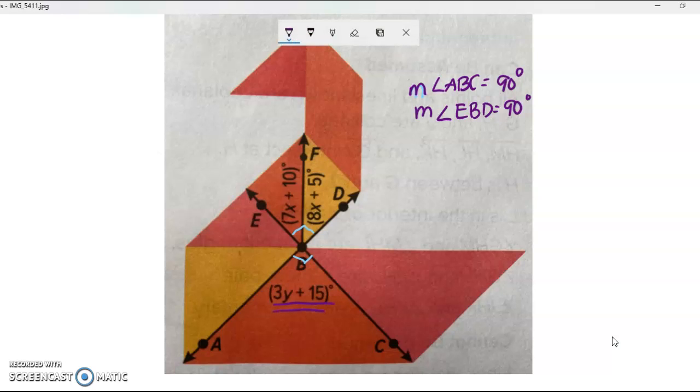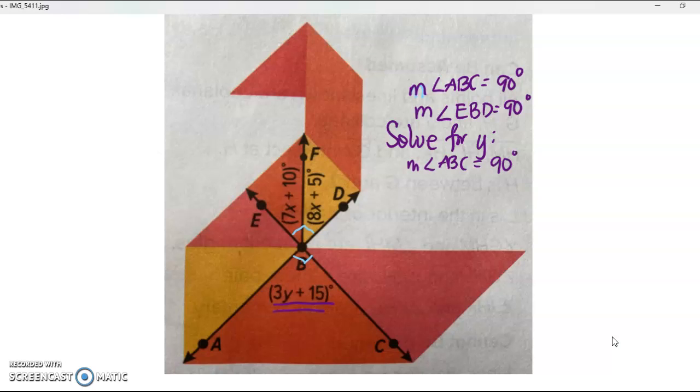Since we know, class, that angle ABC is 90 degrees, then from that detail alone, we can get the value of y. So the measurement of angle ABC is equal to 90 degrees.